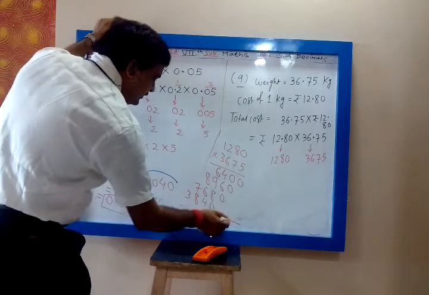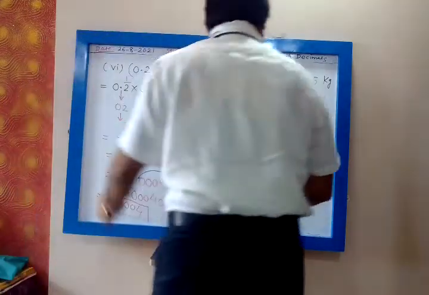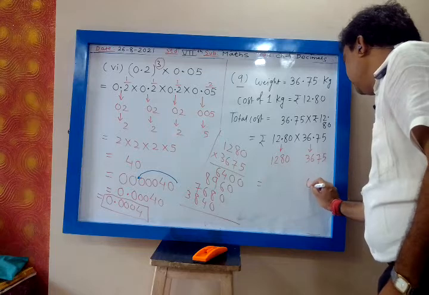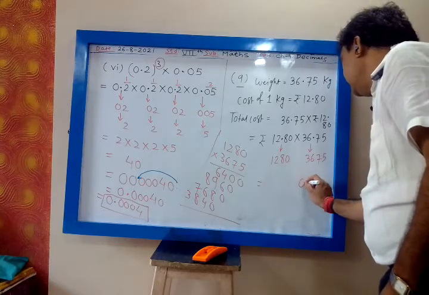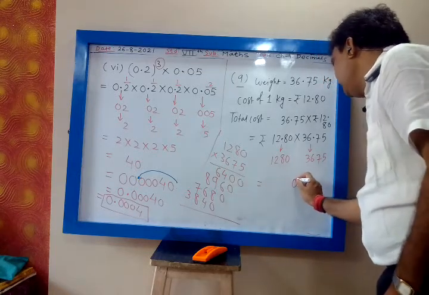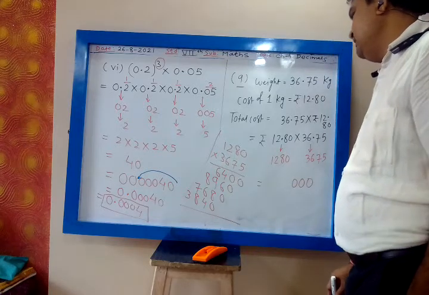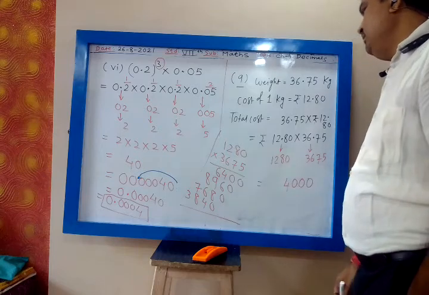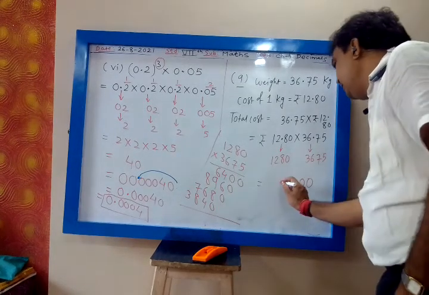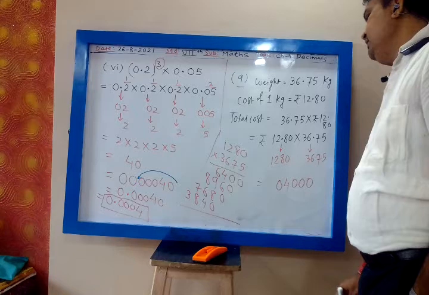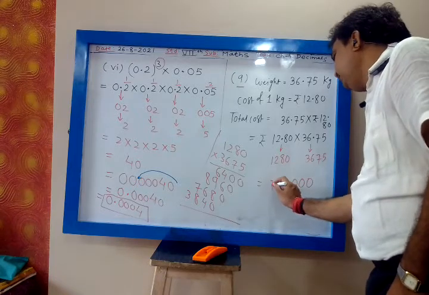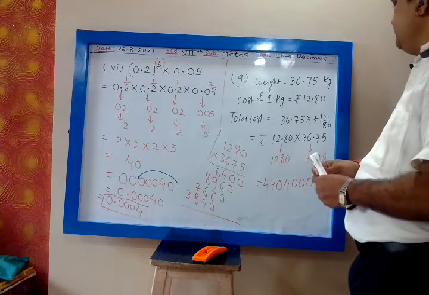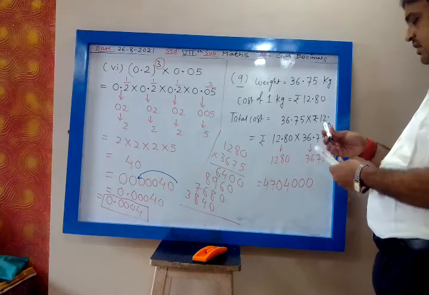So the answer is 4704000. Now you will place the decimal after how many digits?